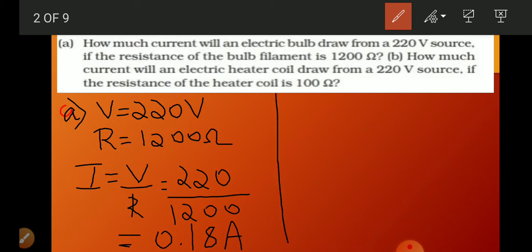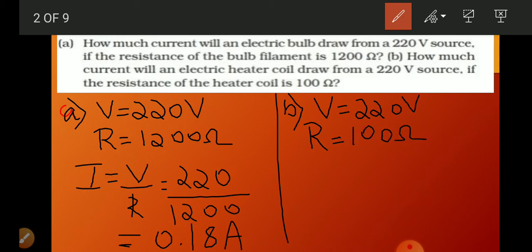For the second case, that of the electric heater, let us calculate the current. Voltage is the same, 220 volt, and the resistance of the heater coil R is equal to 100 ohm.